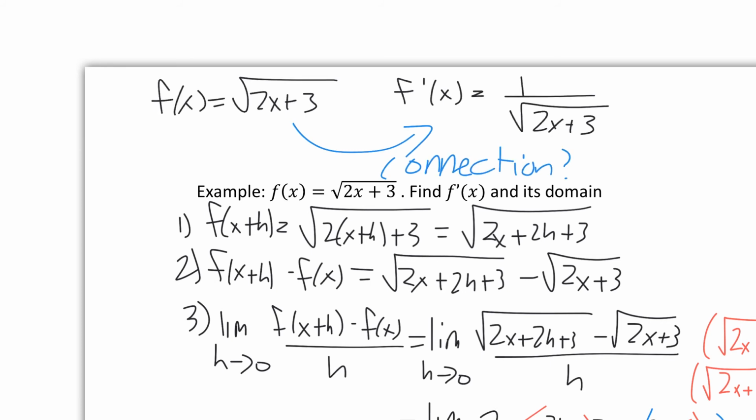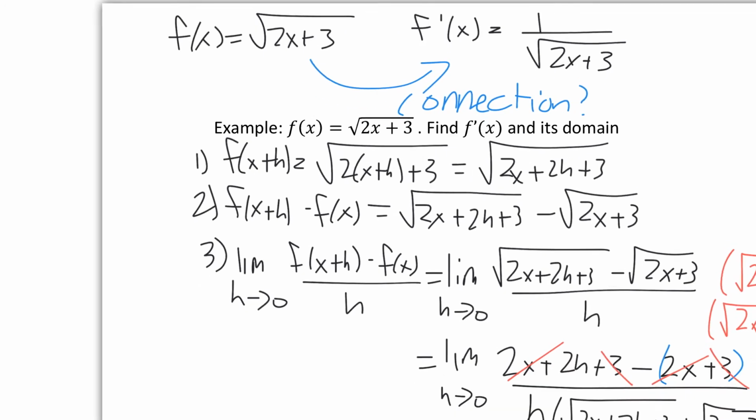Well, certainly there's something going on because you've got a root 2x plus 3 and you've got a root 2x plus 3. But here it starts off on the top and here we have a reciprocal. So why is there a reciprocal? And what happens to the 2x plus 3? Does that just stay inside of the square root? Why is the root on the bottom? It feels again like there is a connection, but again, it's not clear exactly what that connection is.